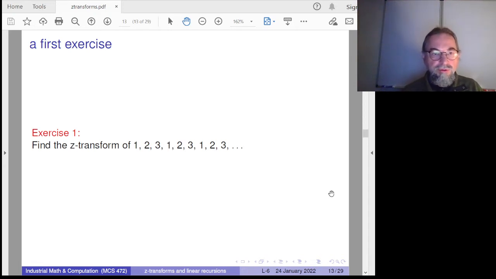So how do you combine the z transforms? That's the purpose of the exercise. Can you find a nice expression for the series?